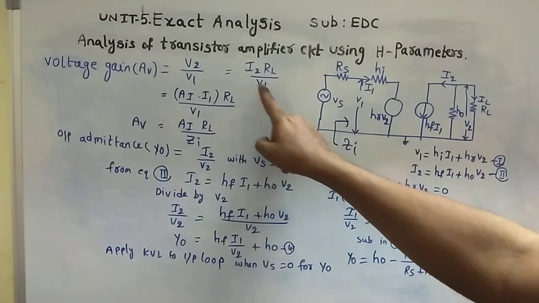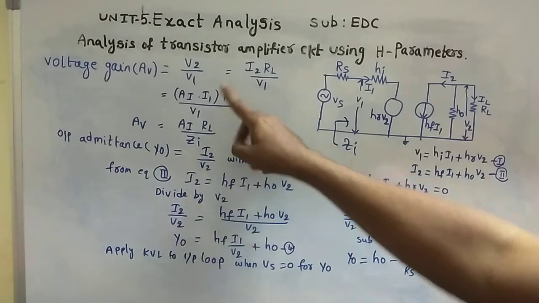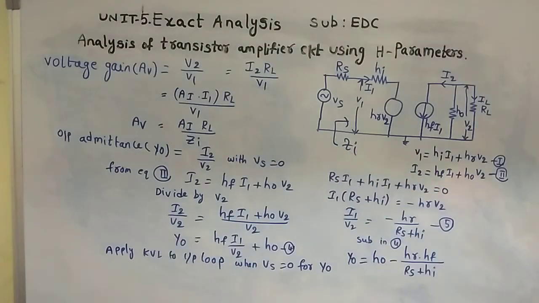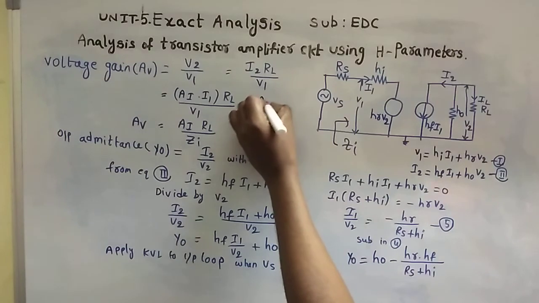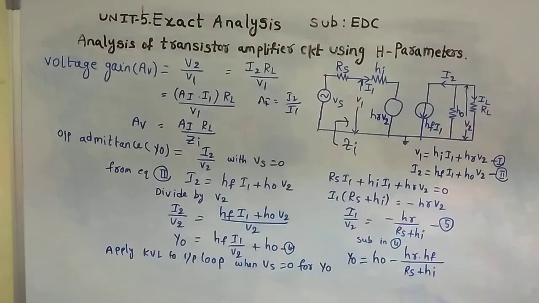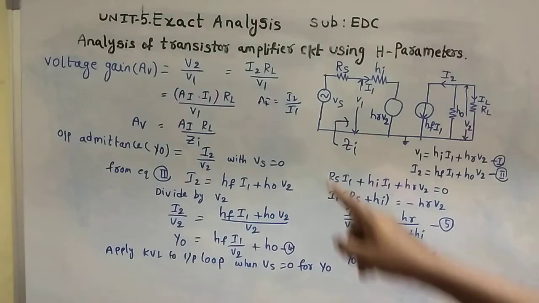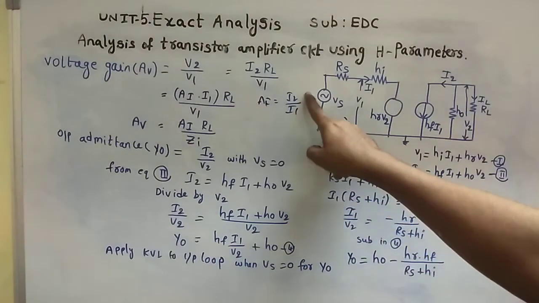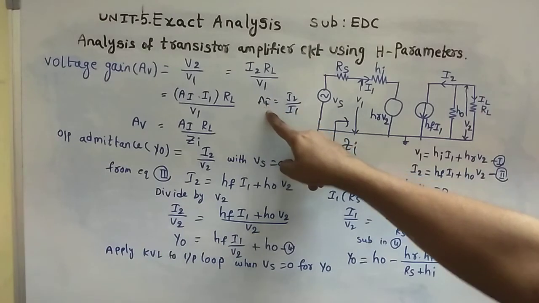Again we know that current gain is equal to I2 by I1.